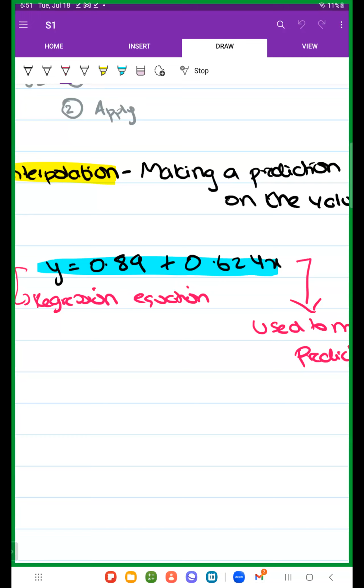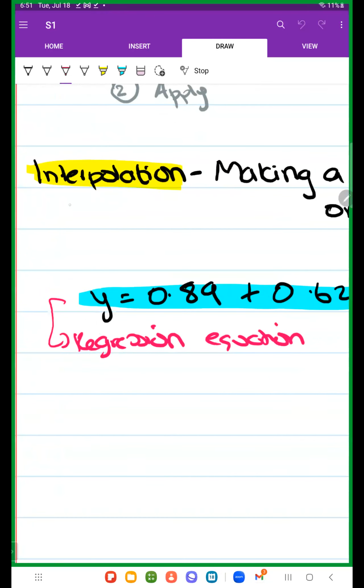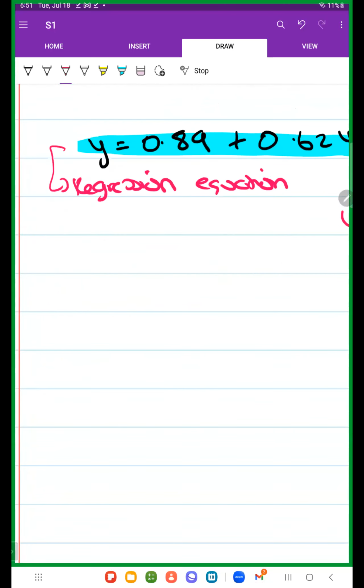But you can see it on your scatter plot. So this is a reliable estimate. Why? Because it's close enough. If it's close enough to the values you have, you call it interpolation.